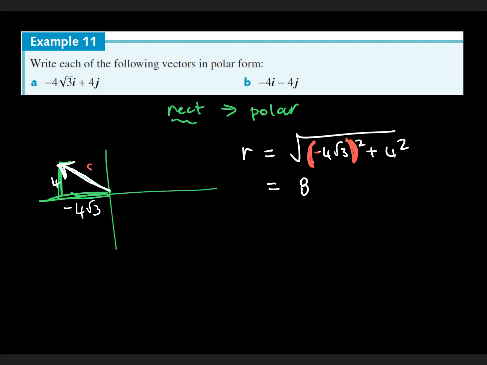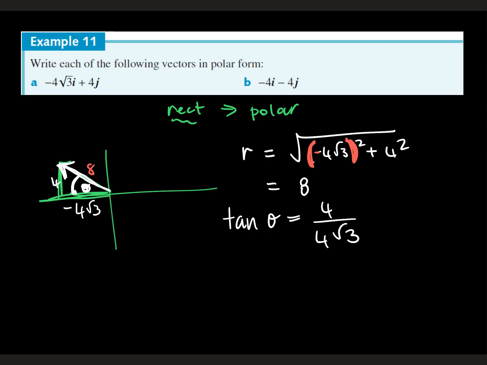So the magnitude here is 8. The next thing I'm after is the angle. So I'm going to work out this little angle here. I'm just going to go tan of theta equals opposite over 4 root 3, and I'm just ignoring this negative because I'm going to get that angle, then take it away from 180.